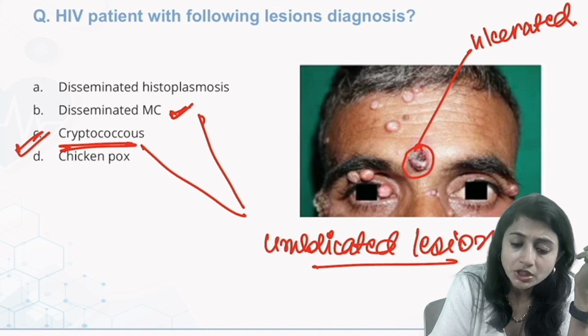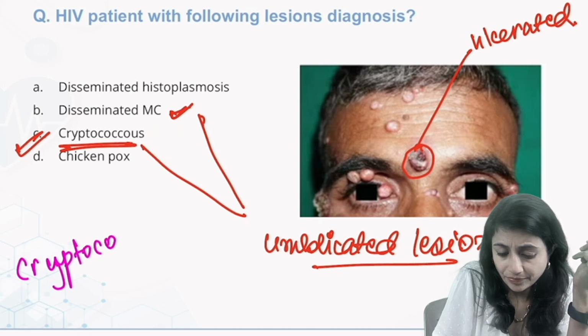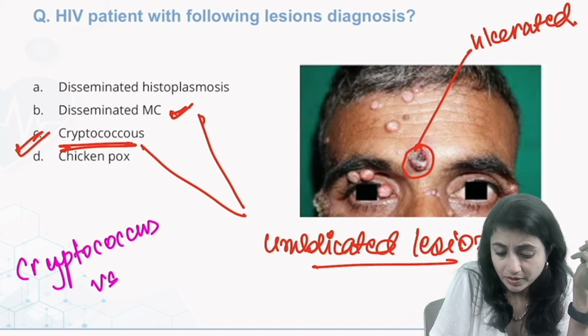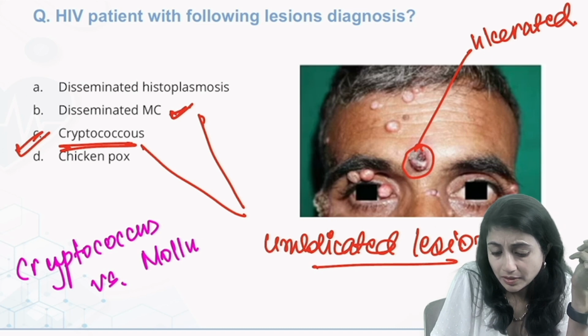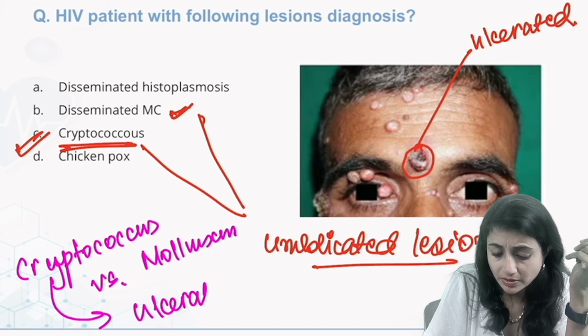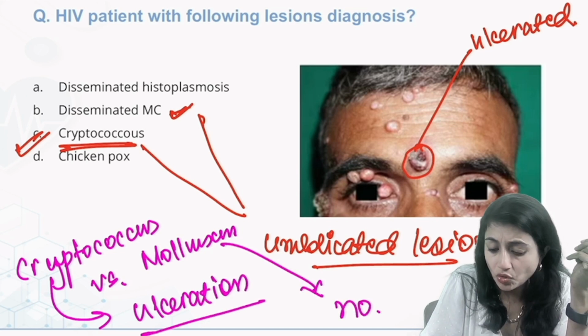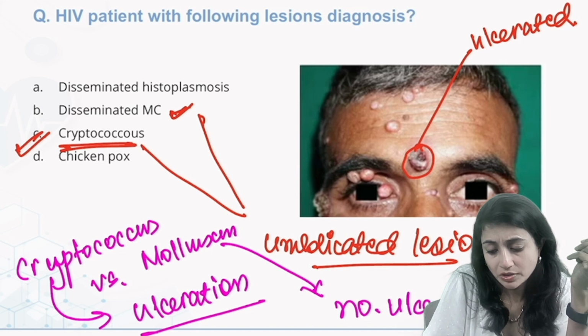But the differentiating feature between cryptococcus and molluscum is that cryptococcus shows ulcerations, whereas molluscum does not show any ulceration.